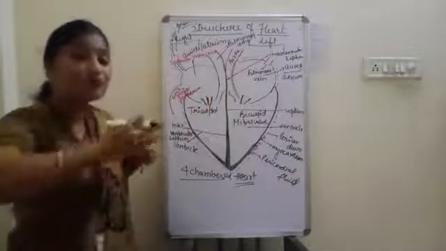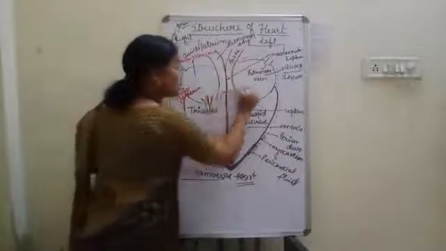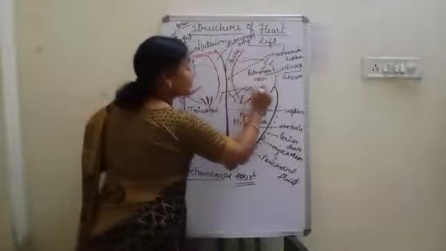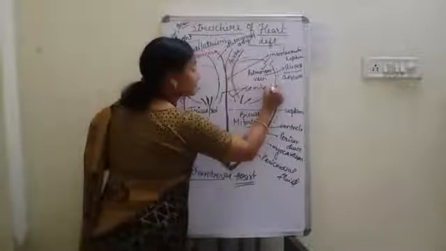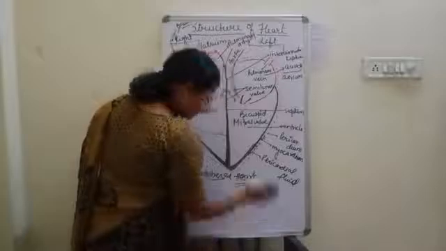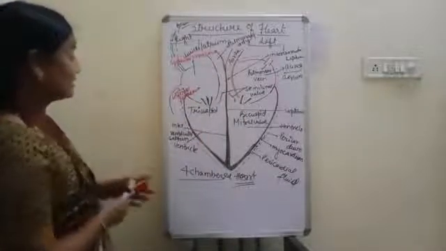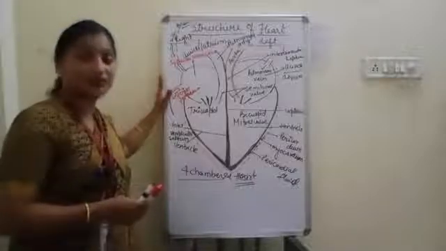They are half moon shaped structures, so they are called the semi-lunar valves. Okay, so all the valves I have completed, and this whole is the structure of the heart.